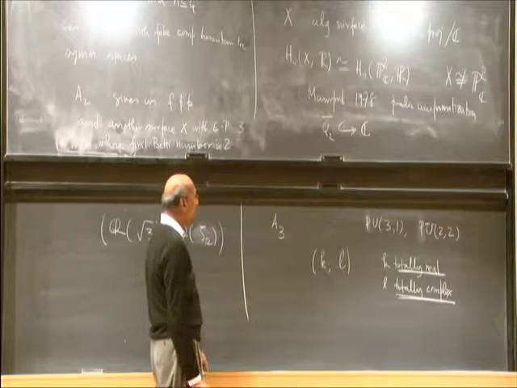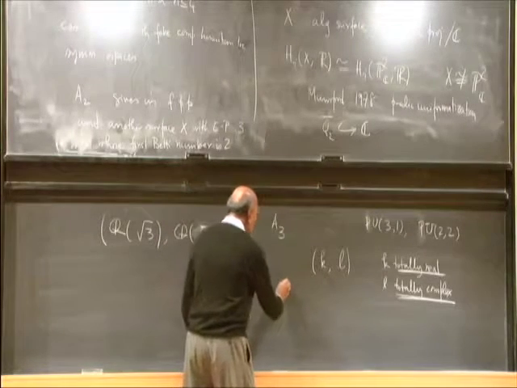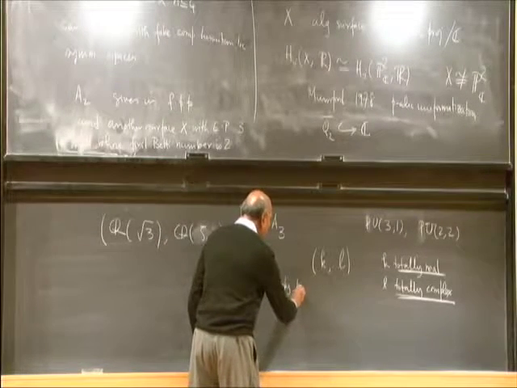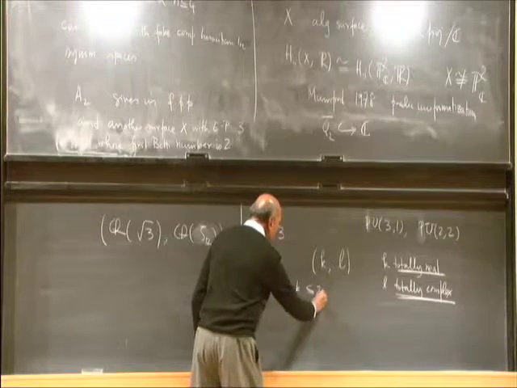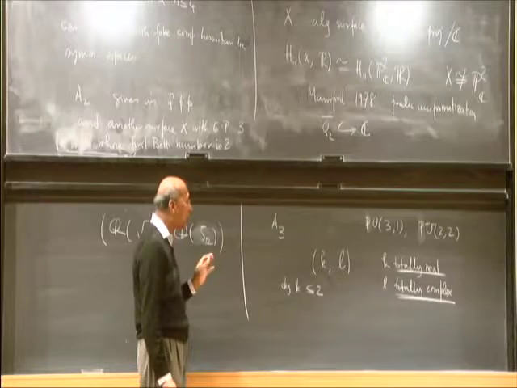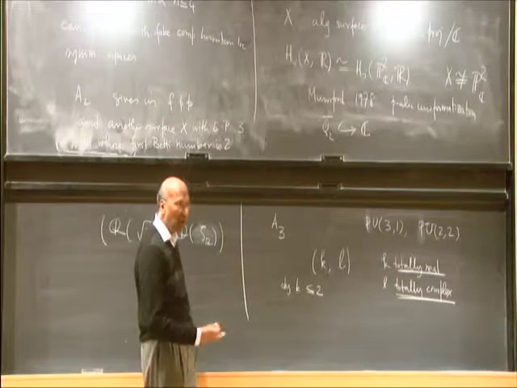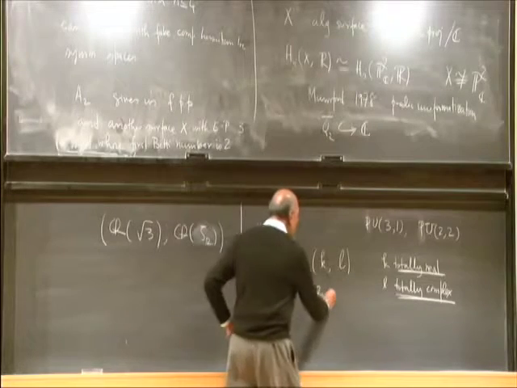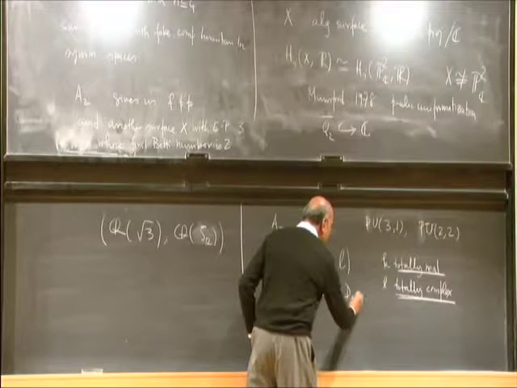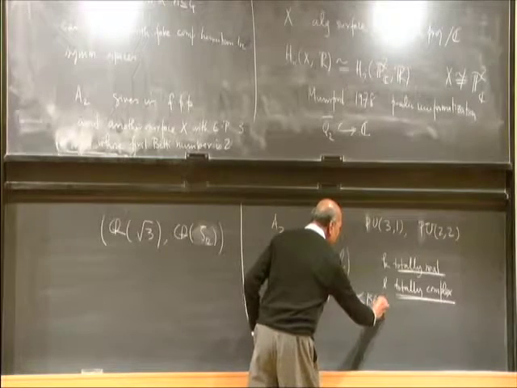Okay, so now the fields involved for A3: the degree of K over Q is less than or equal to 2. After extensive computation, we have proved that K can only be either Q or a quadratic extension of Q, to define the arithmetic group. And the absolute value of the discriminant of L is less than or equal to 1363.